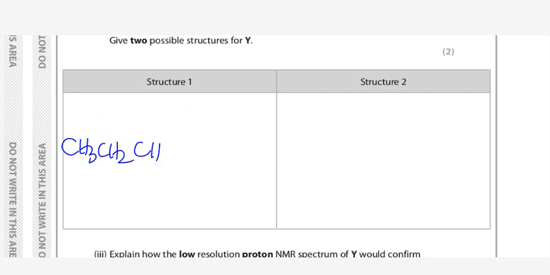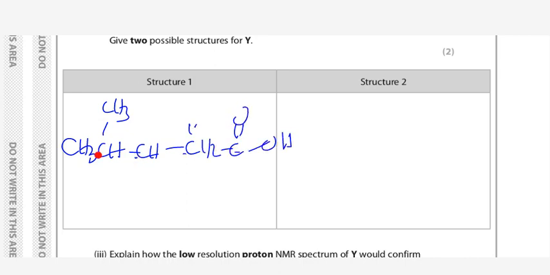A straight chain can't be it, because you would already have too many peaks: 1, 2, 3, 4, 5, 6. No, this is wrong. You have 5 peaks.